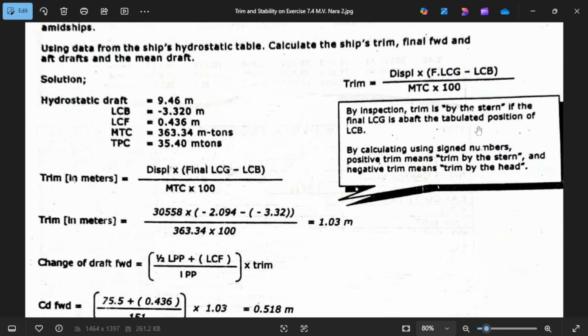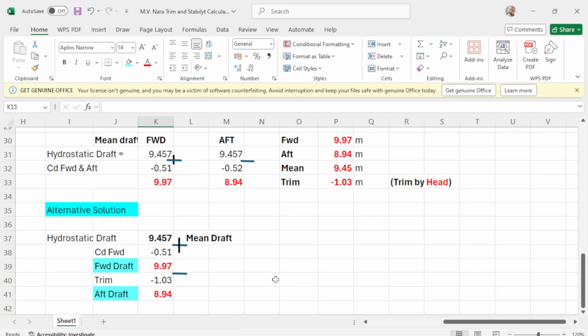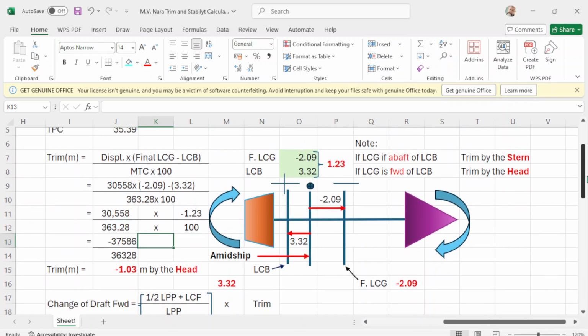Now look, it says here, you are trimmed by the stern if the final LCG is above the tabulated position of the LCB. It is above, meaning behind. But the figure that we have, okay, the final LCG is forward of LCB. He is not above. Why?